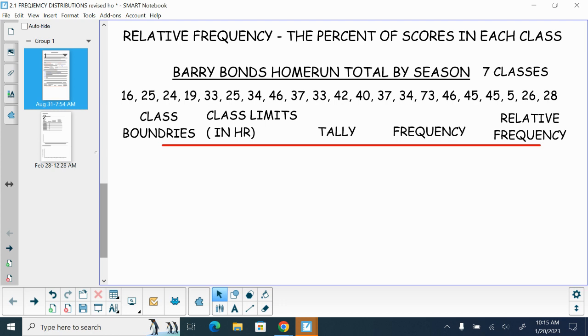So the first thing we have to deal with is the class width. We take and look at the biggest value. His biggest value was 73. And his smallest value is a value of 5.